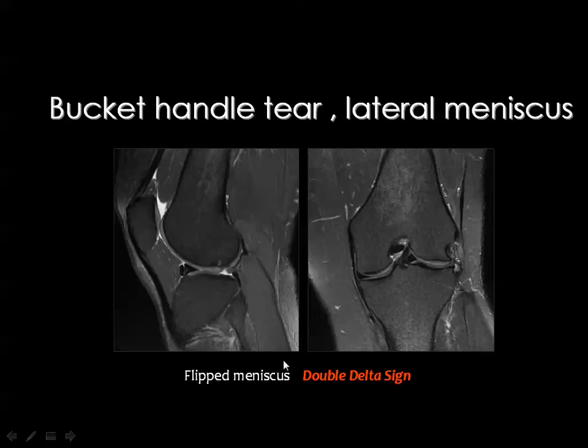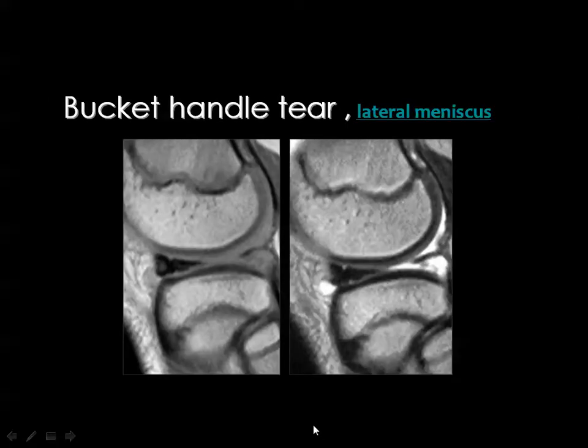Then here you can see that the site of the posterior horn of the lateral meniscus is empty, and anteriorly in the knee you can see two horns, and this is diagnostic of bucket handle tear of the lateral meniscus. And this is also another example.